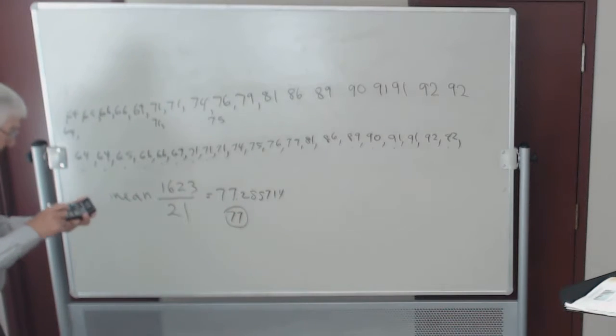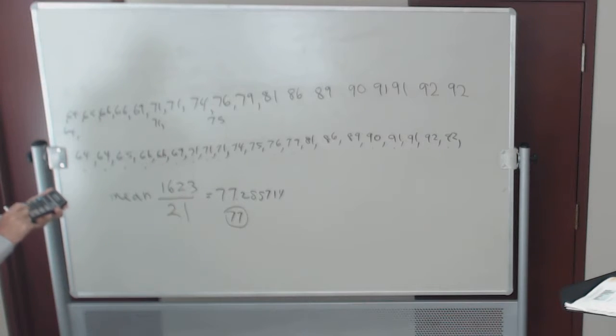Well, check it out to make sure. 77 times 21 equals 1617. What? 77 times 21 equals 1617. It's because you had the decimal point.